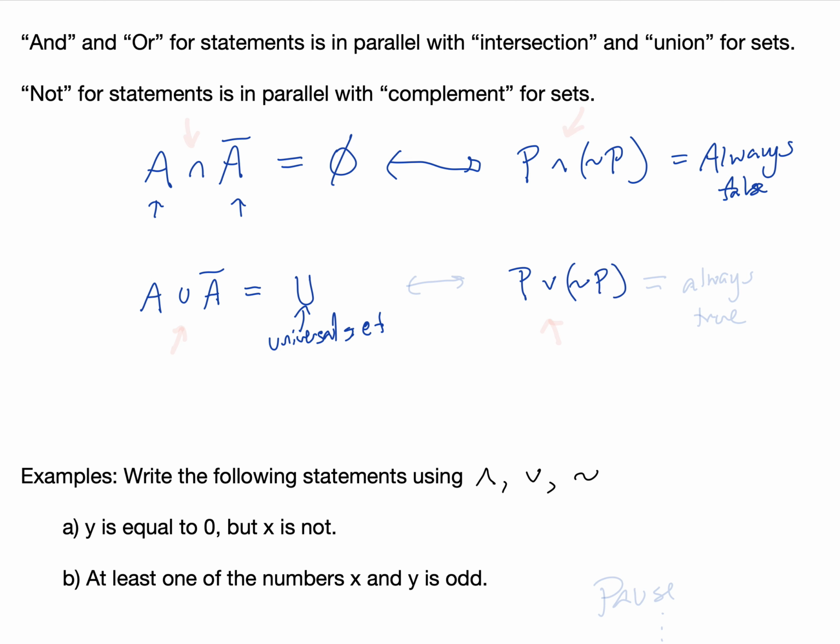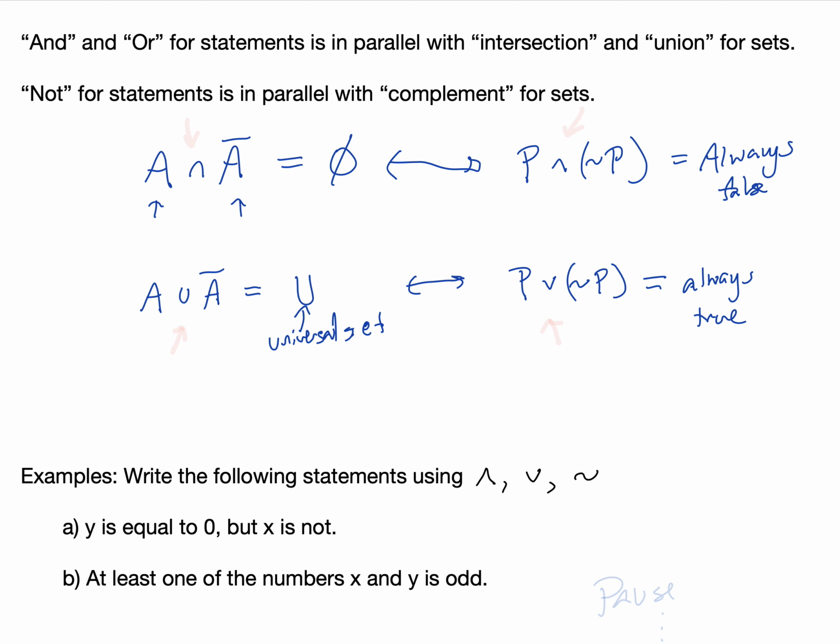Either P is true or P is false. It is always the case, given any statement, that either the original statement or the negation is true, right? Either it is snowing outside my window right now, or it is not. And if I say it's snowing outside or it is not, that's going to be a true statement. This is always true.